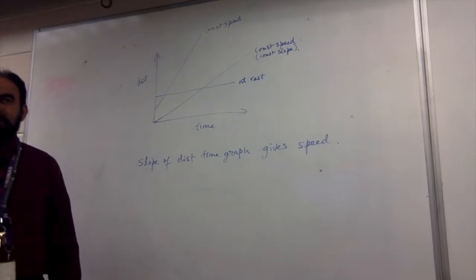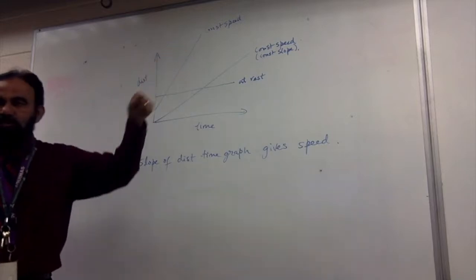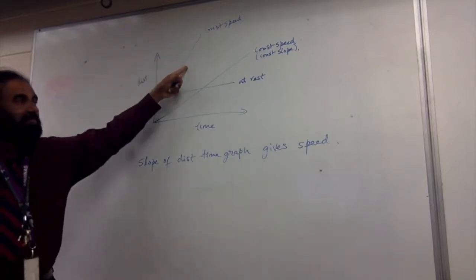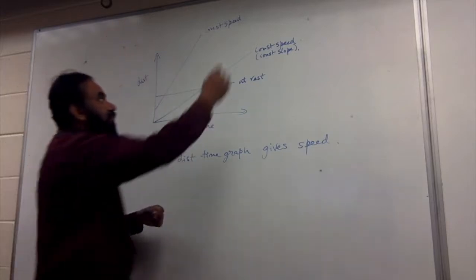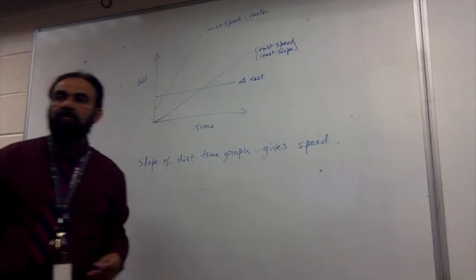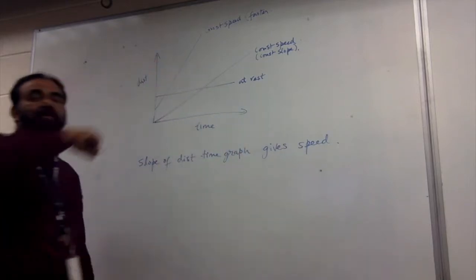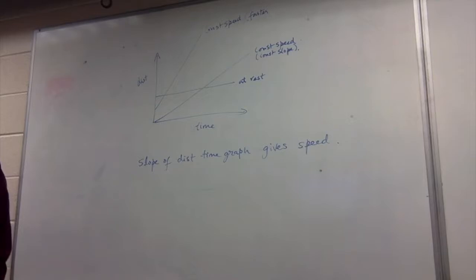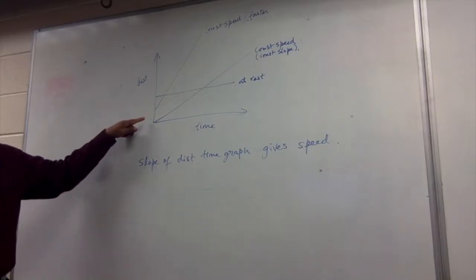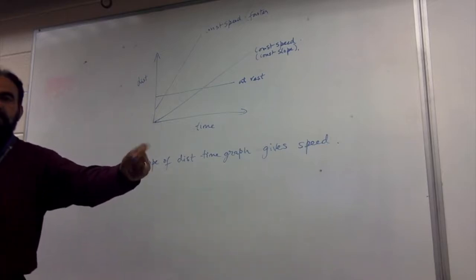So what is the difference between this constant speed and that constant speed? This is going faster, so you can write that down. What else do you know about this line? It starts off already at a different distance.